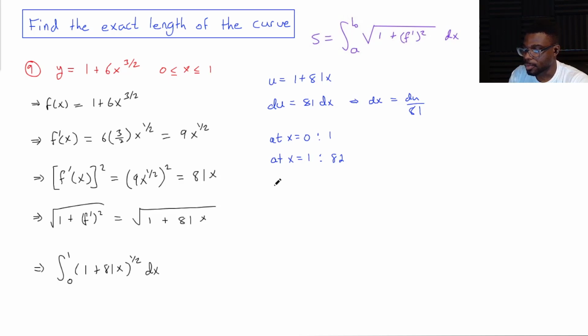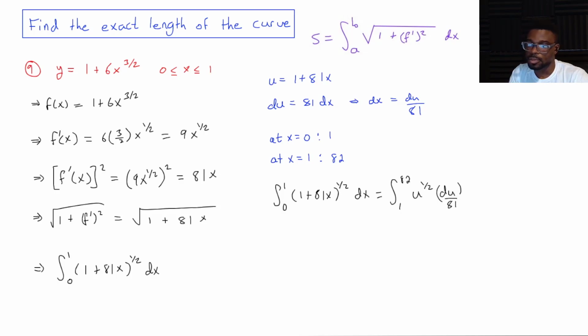Right, so we're going to say the integral of 1 plus 81x to the power of a half dx is equal to the integral from 1 to 82 of u to the power of 1/2 times du divided by 81. Let's write this a little bit clearer.